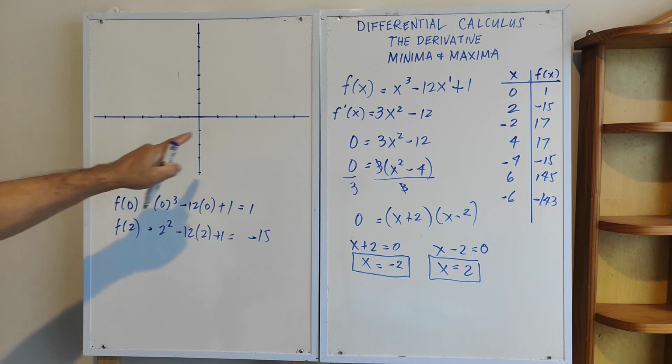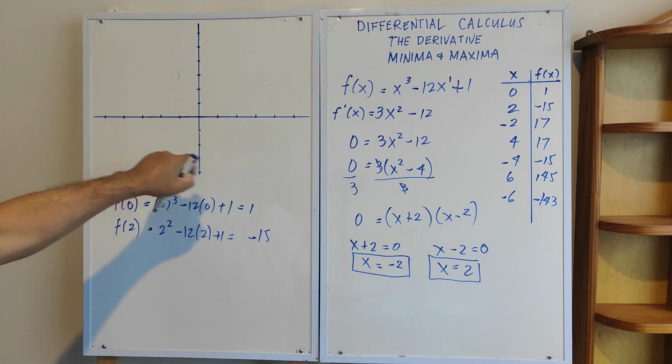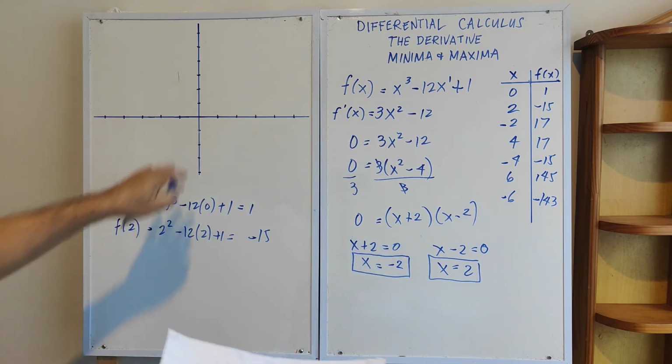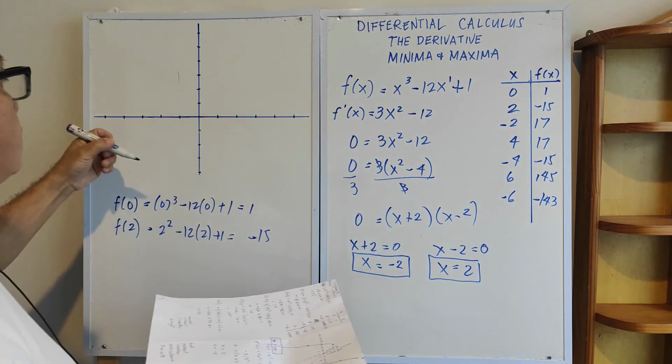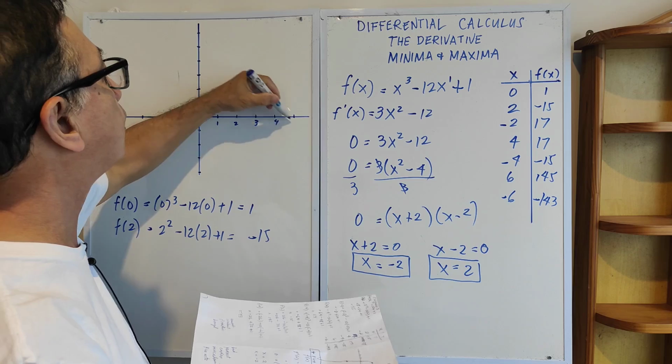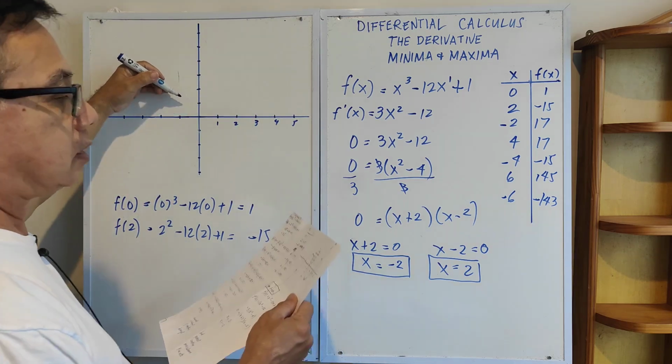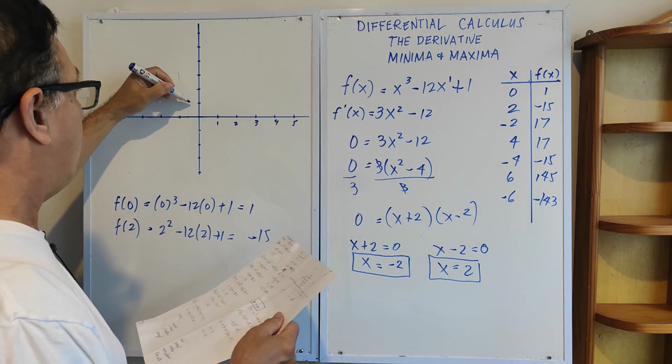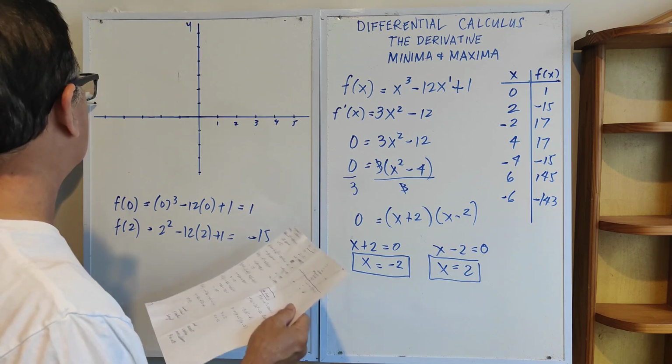So if we plug these values into the graph, let's say this is 1, 2, 3, 4, and 5. I've shortened the y-axis.